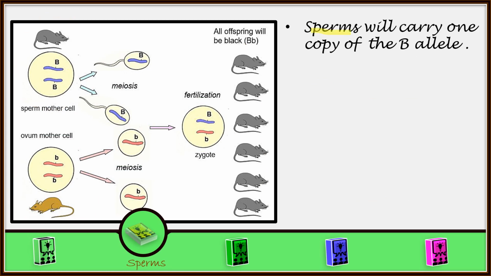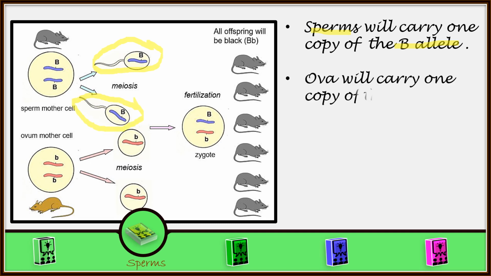Sperms will carry one copy of the B allele. As we are seeing here, the sperm has capital B allele, and even this sperm also has capital B allele. The ova will carry one copy of small b allele. So when you look here, the ovum we have here has one allele for small b, and even this ovum has one allele for small b.